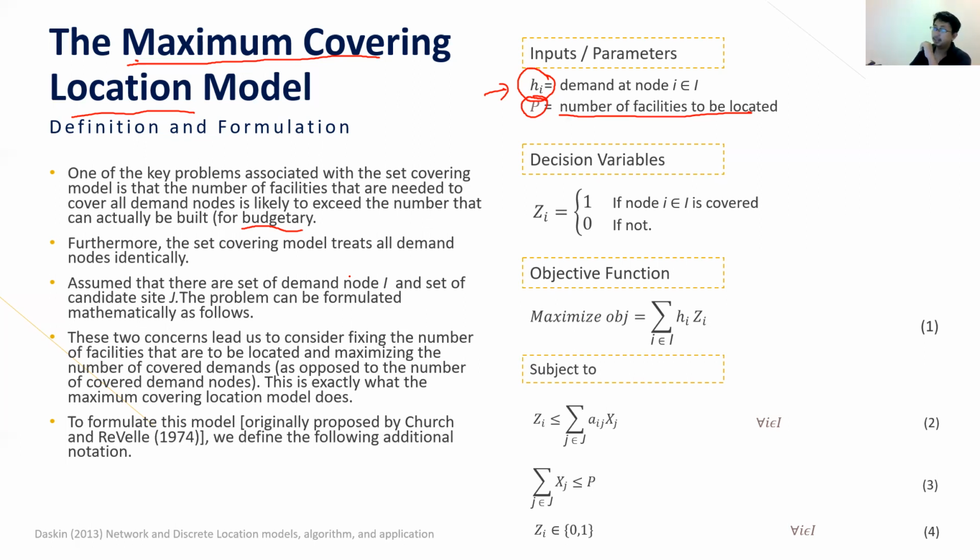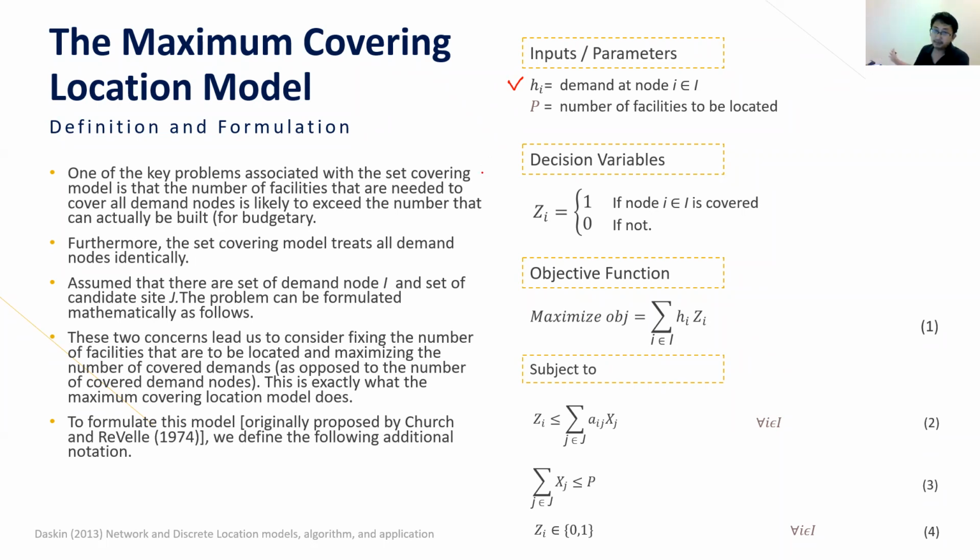Okay, based on that description, we need to formulate the set covering problem into this maximum covering location problem. First you need to have another piece of information: the demand at each node. Or you can treat this as the weighting factor of each node.